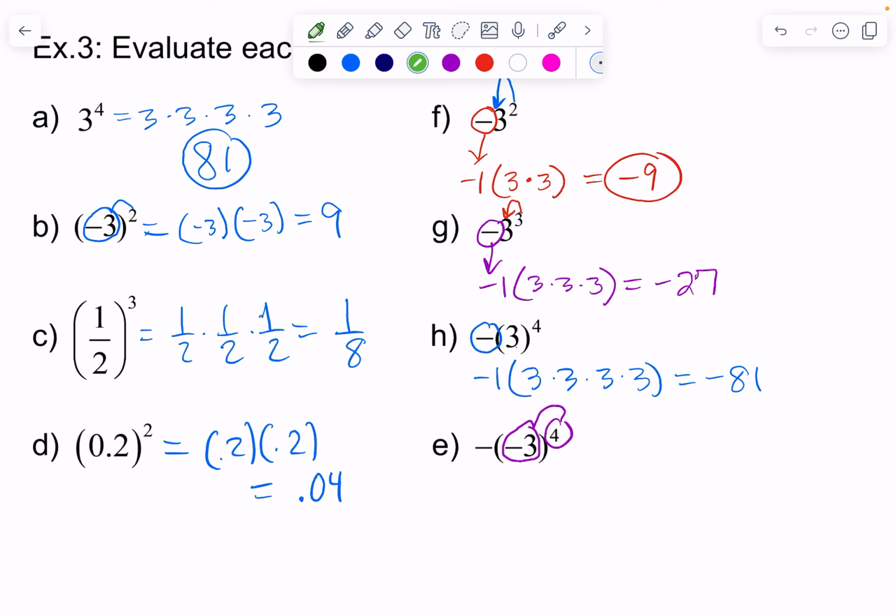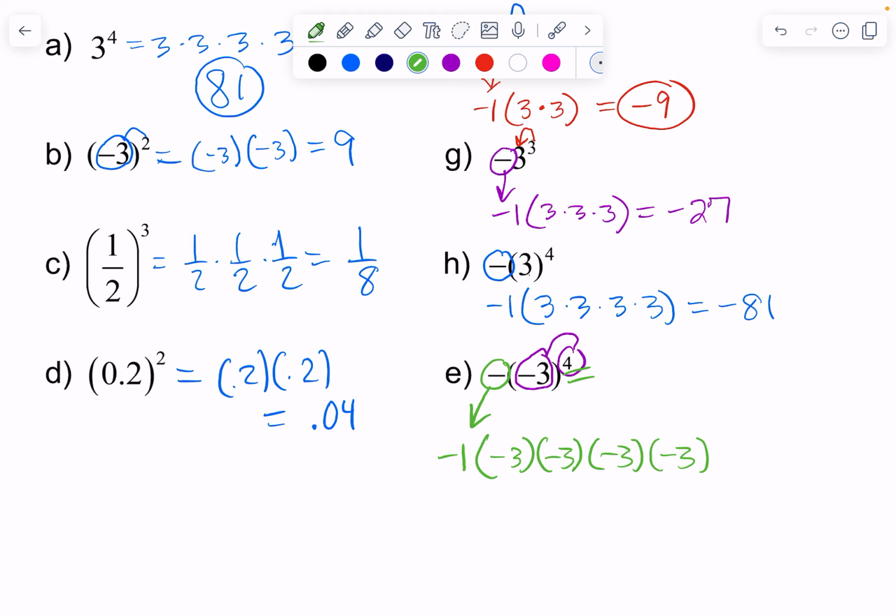So this negative is our friendly -1 being multiplied to -3 times -3 times -3 times -3, because it's (-3) to the 4th power. Whenever you're multiplying an odd number of negatives, the answer is going to be negative as well. So that's going to be -81. When you're multiplying an even number of negatives, the answer will be positive.